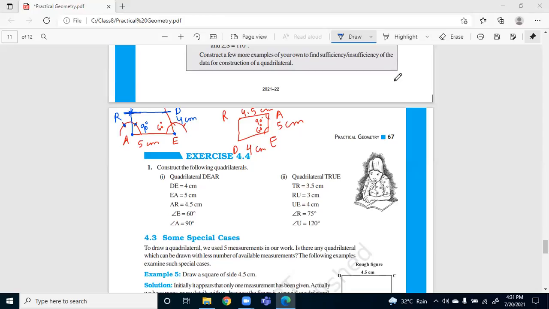Ma'am, I'm done and sending it on the group. Ma'am, I just forgot to label 5 centimeter in that photo. Okay, Dhriti.